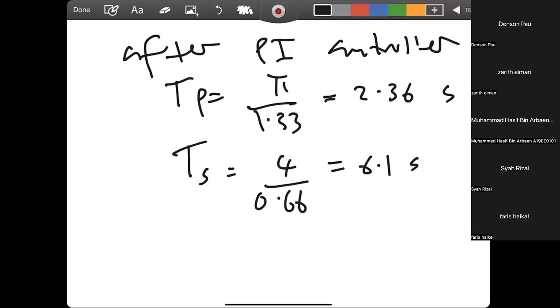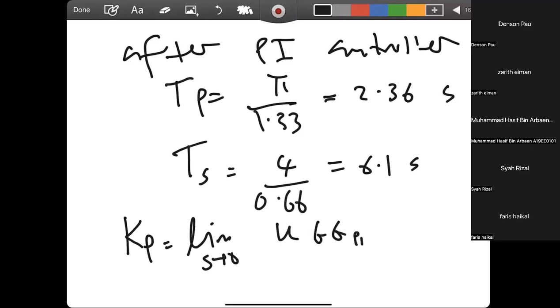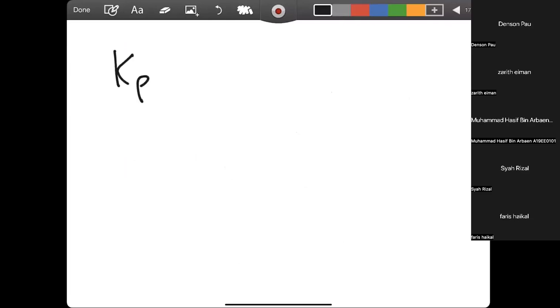And the Kp now, we have to recalculate again. Limit s to 0 of GPI.